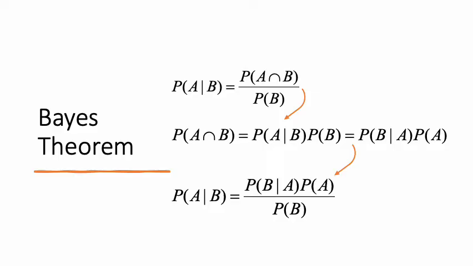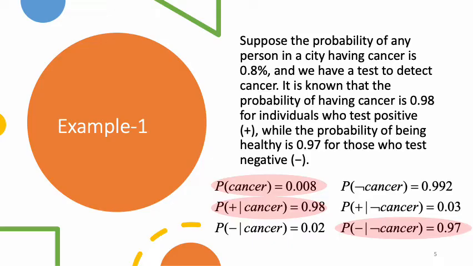This modification, denoted by the first arrow, utilizes the commutative property of the intersection operation in sets. The reorganization, denoted by the second arrow, proposed that an unknown conditional probability could be calculated using the other 3 known probabilities. Let's now look at an example where this theory is used in classification.